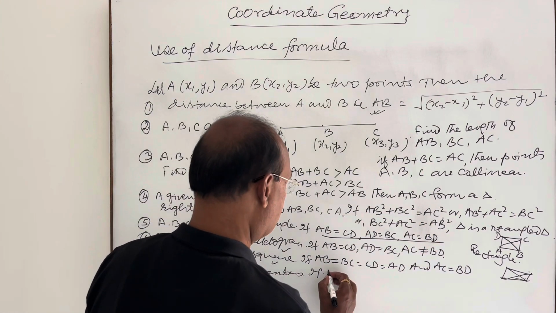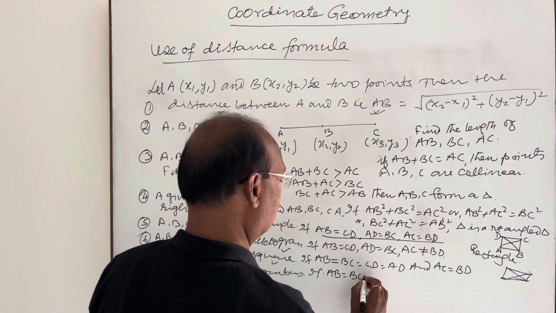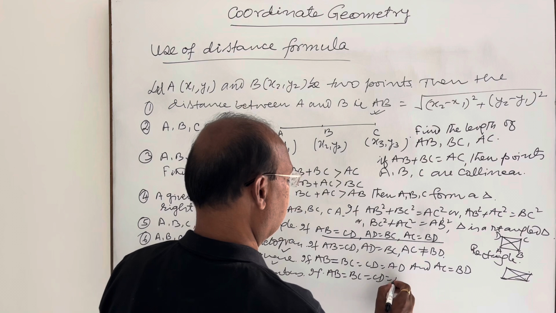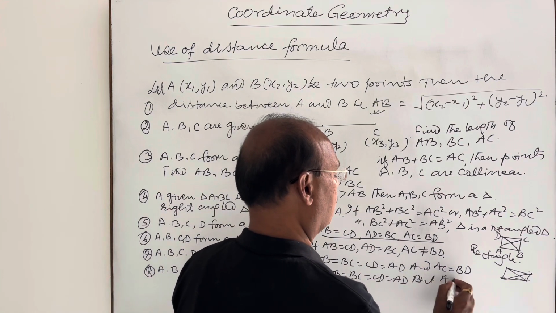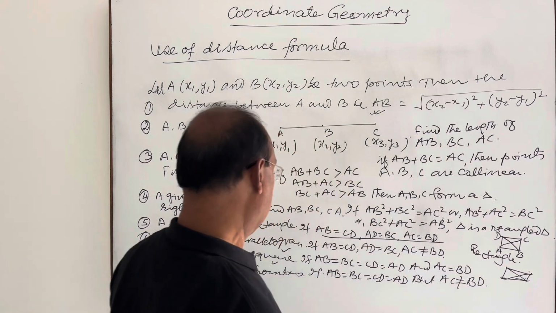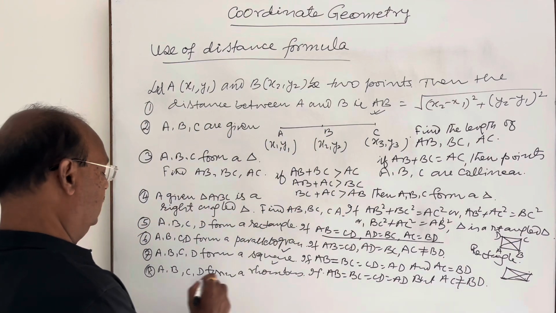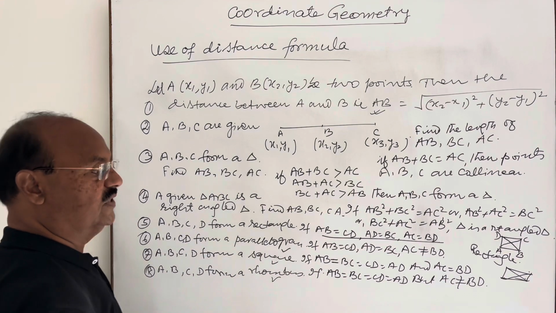So in this case, all the 4 sides are equal, AB is equal to BC is equal to CD is equal to AD, but diagonals are not equal, AC is not equal to BD. Then it will be proved that these 4 points form a rhombus.